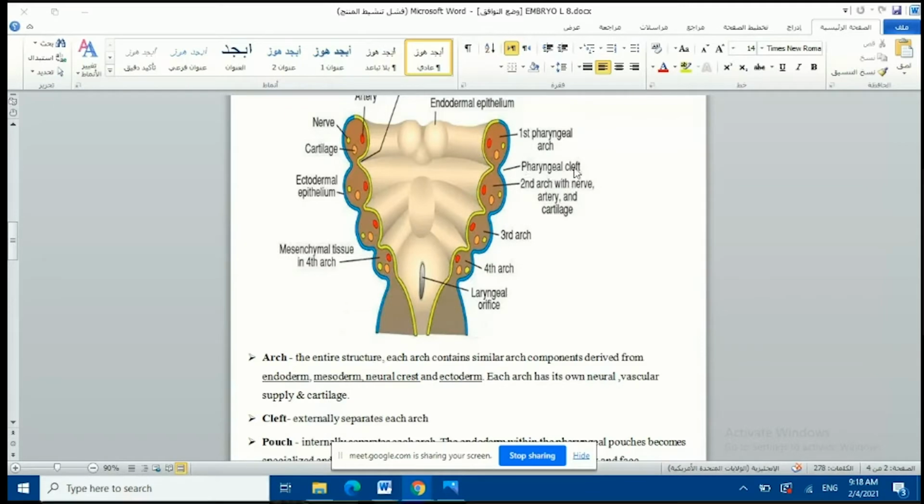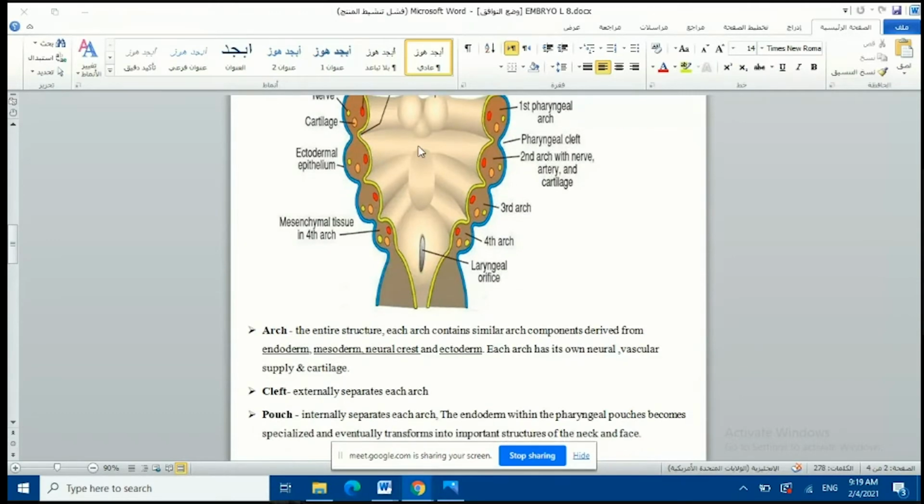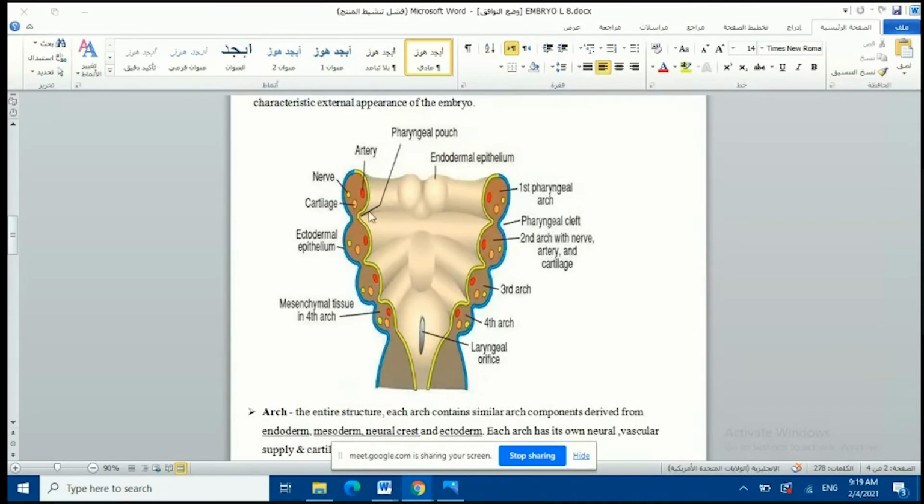This is very important. You're going to see that these clefts will form structures in the face and head and neck. Okay, so what about internally? I mean, the separation that happens internally in each arch. We call these separations from inside the pharyngeal pouch.